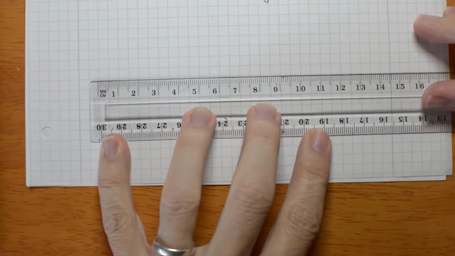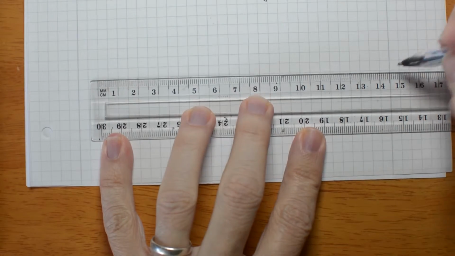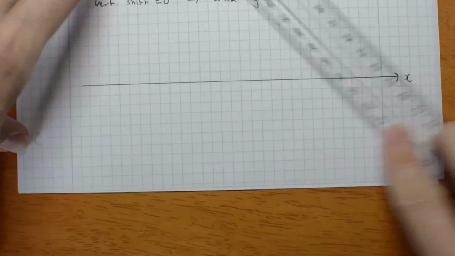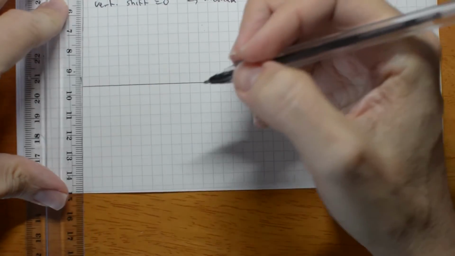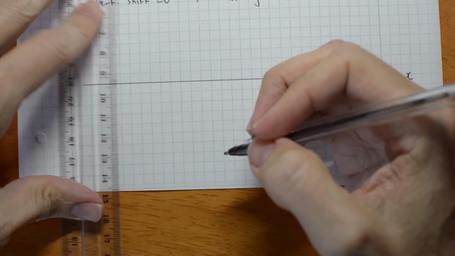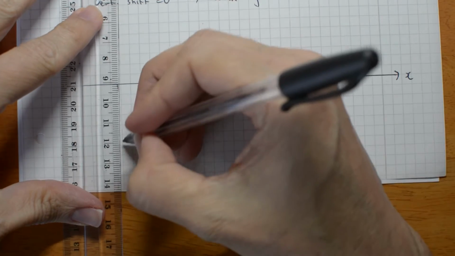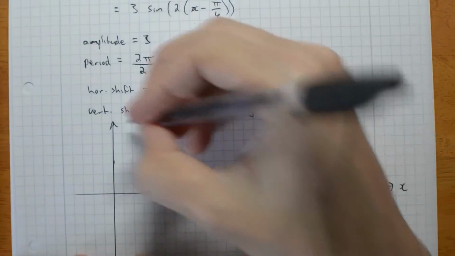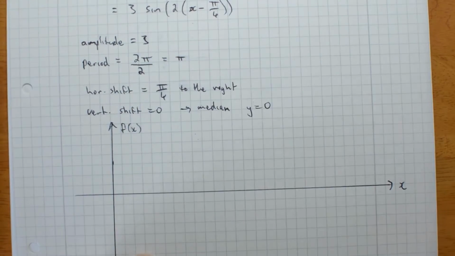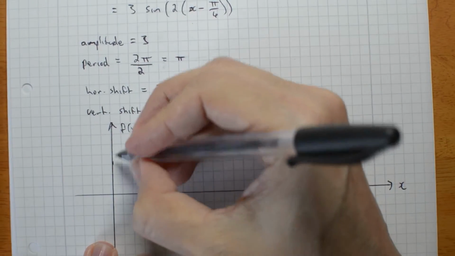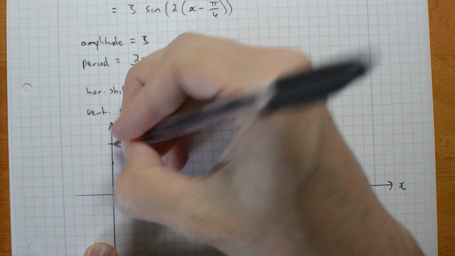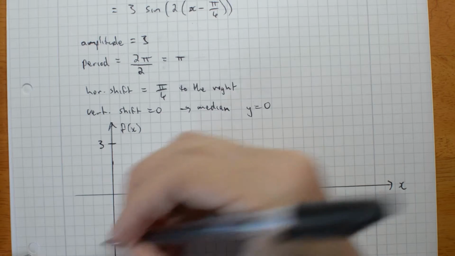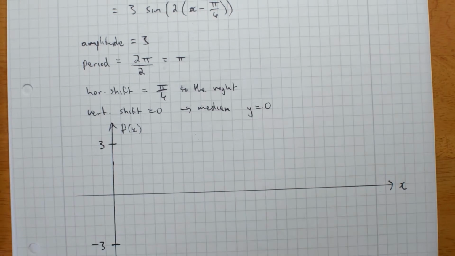Let's draw in the axes. X and f of x. Doesn't really matter where I go. 3, go the same distance down, -3.